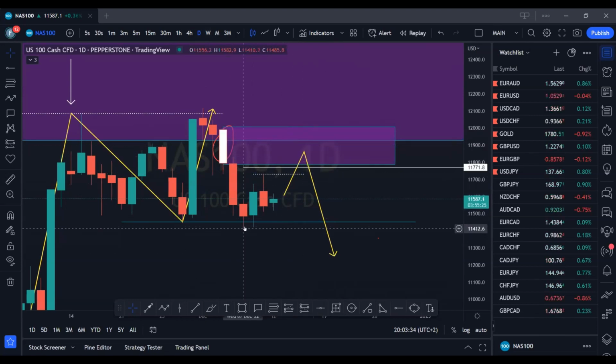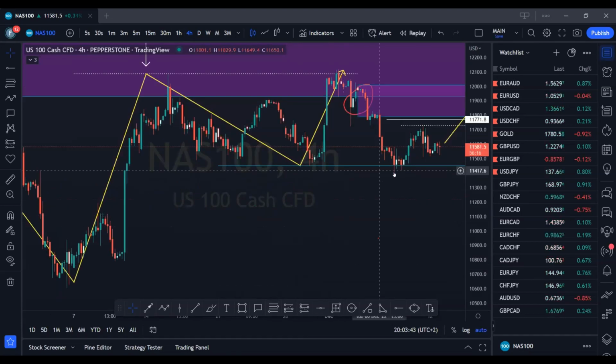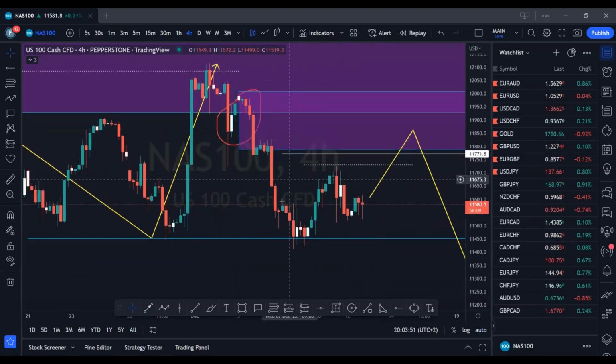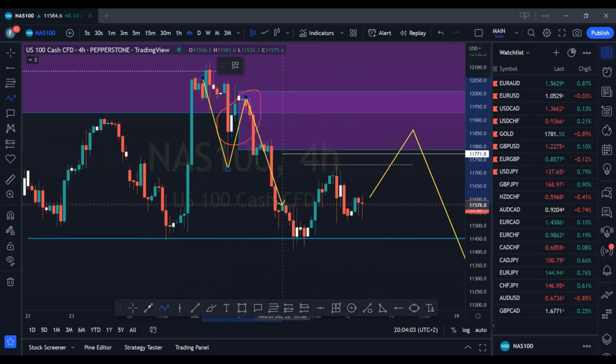So let me just check something. So if we know that price is going to go up, let's check the 4-hour time frame and see if we will see a move. All right. So if we consider this price retracing like so, you can consider this little bit of structure as a little correction, and price doing this.